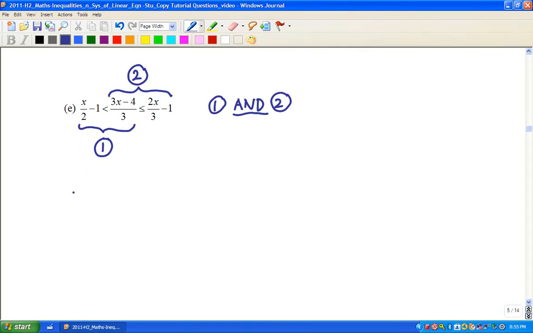To start solving this inequality, we will solve each of the inequalities 1 and 2 separately. So let us first look at 1. Take note that in inequality 1, this is actually just a linear inequality which can be solved very easily by hand.